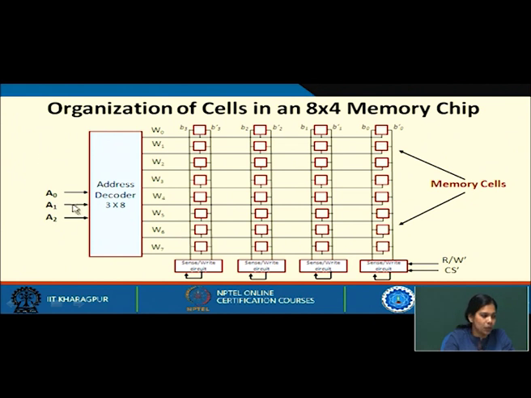For that reason we require a 3x8 address decoder. A0, A1 and A2 are applied as the address, and depending on this address, say it is 000, the first word line will get selected, and then all the bits of this word line are transferred through the sense or write circuit to the data lines if we want to read the data.